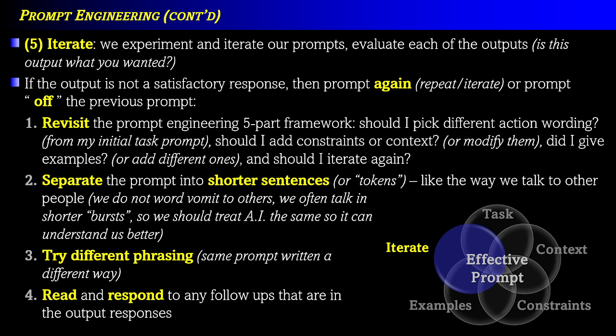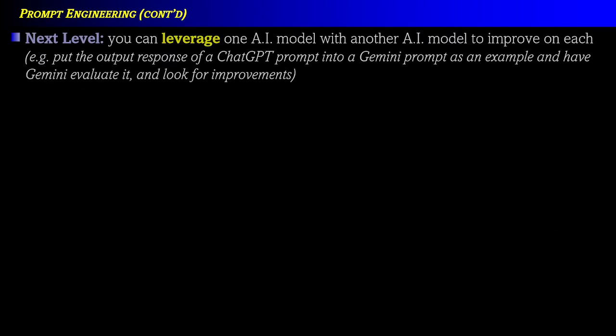Sometimes it can understand us better if we provide it in bursts, but that will require you to iterate off of your previous prompts. More obvious ones are just try different phrasings. Same prompt written a different way. And read in response to follow-ups. So read what the prompt output is providing so that you can iterate off of what it's saying.